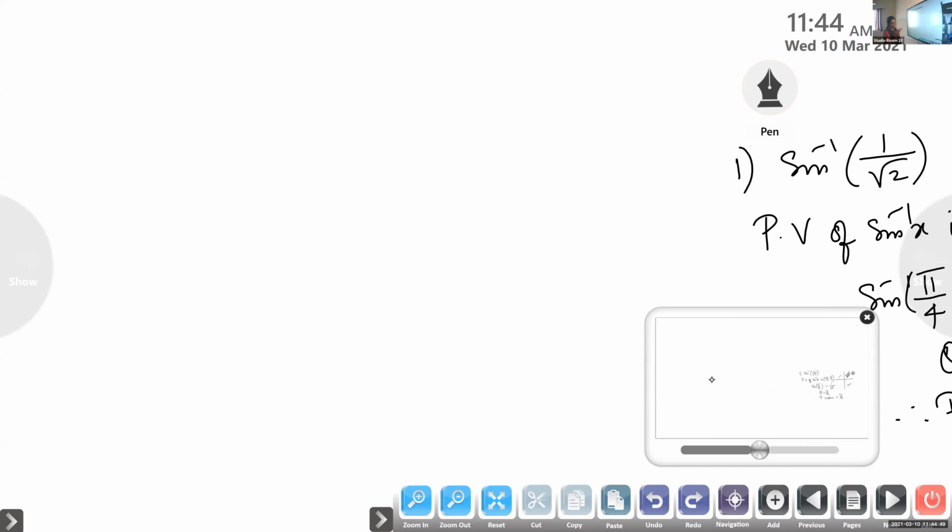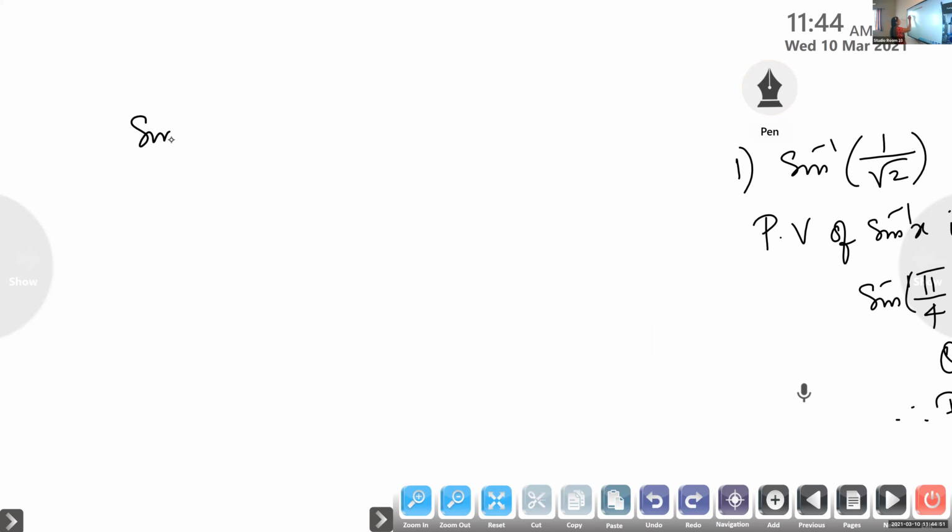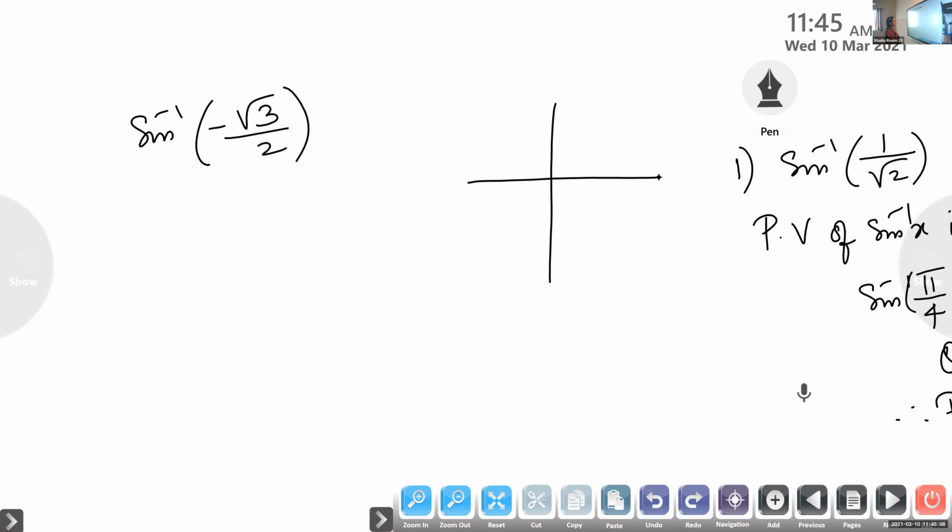Principal value of sine inverse of minus root 3 by 2. So what's the first thing you have to write? First you draw the quadrant here, for your understanding.